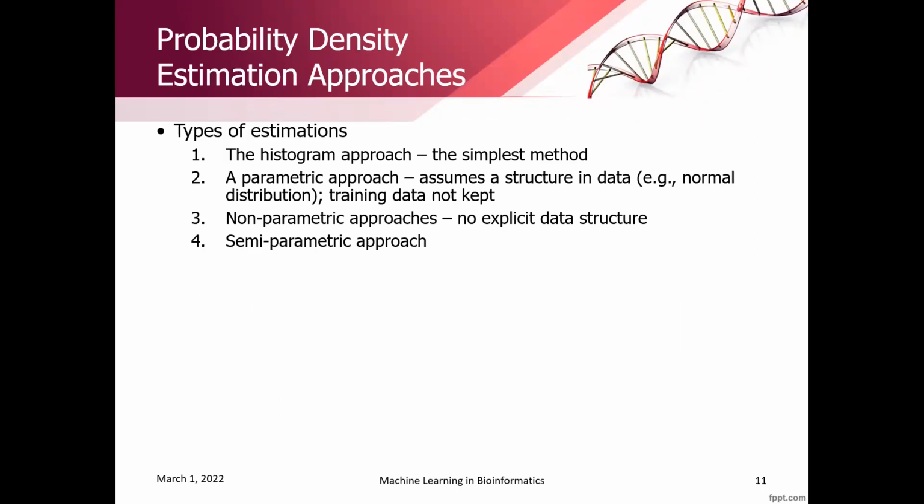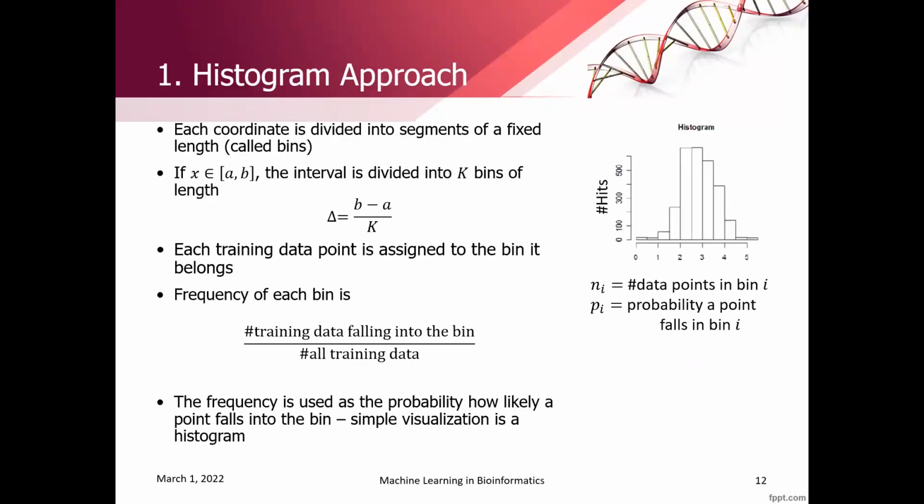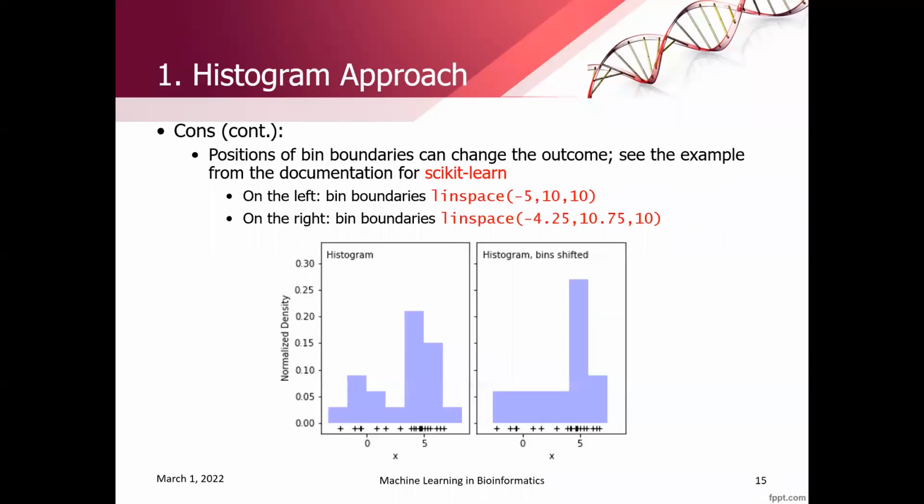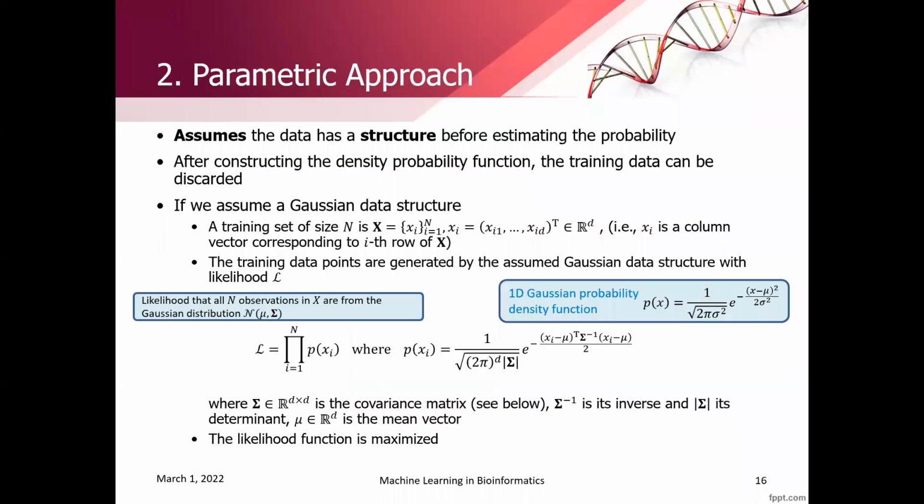We have seen histograms, how to build a histogram. We tried them already, and then the parametric approach. For the parametric approach, we used a representation of the data in the form of a Gaussian distribution, so a multidimensional or multivariate Gaussian.